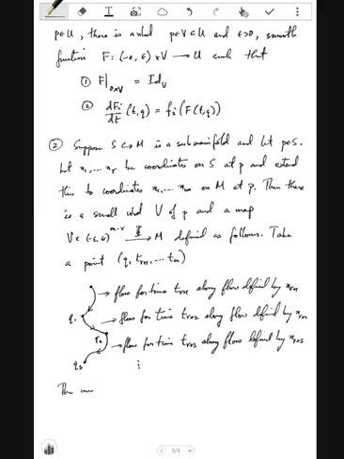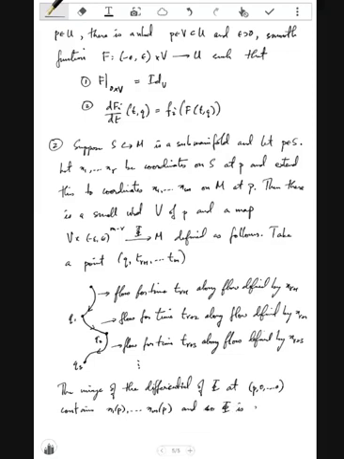So the image of the differential of phi at P0 contains x1 at P to xm at P, and so phi is a diffeomorphism in a small neighborhood of P0.